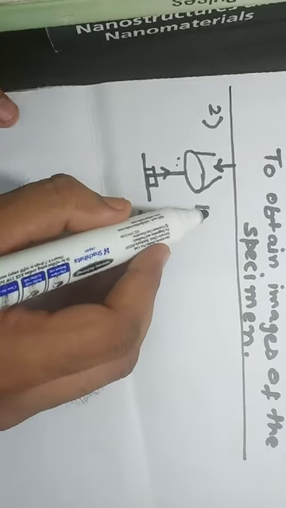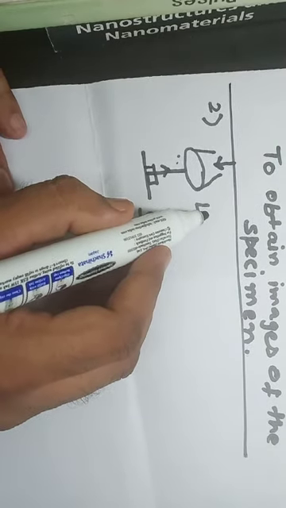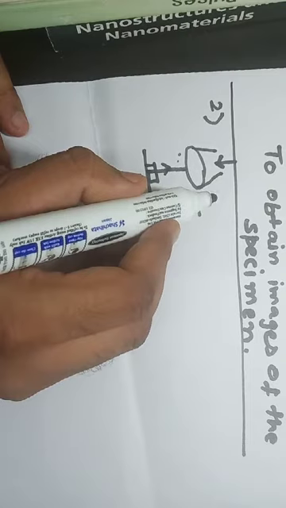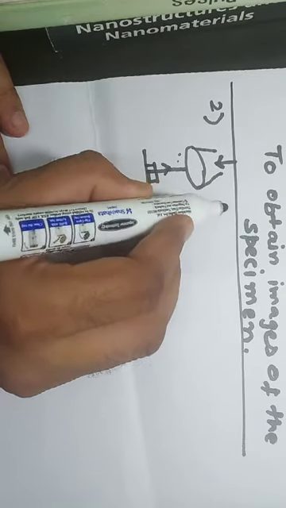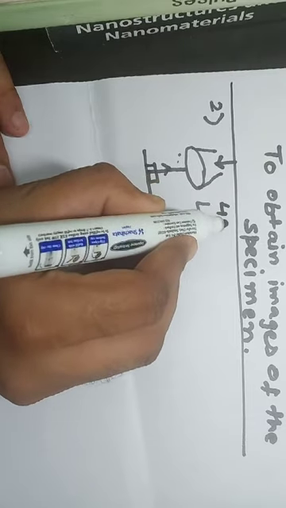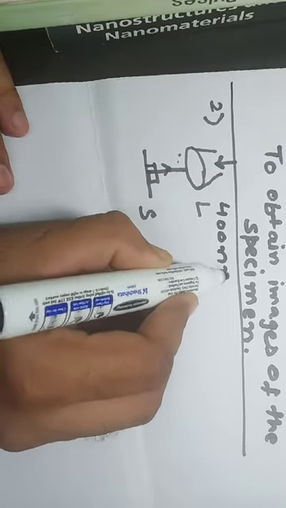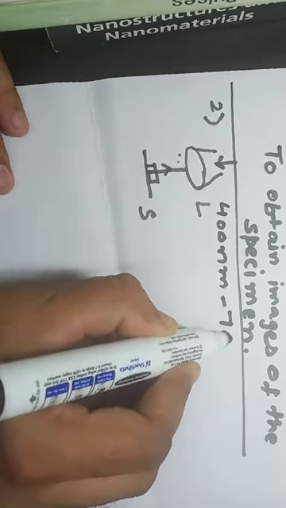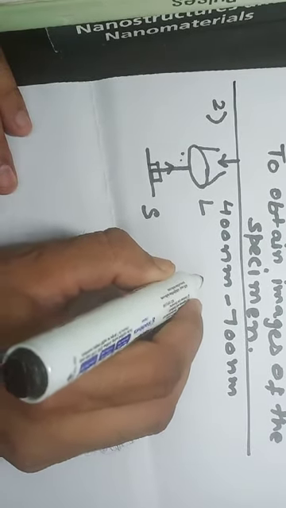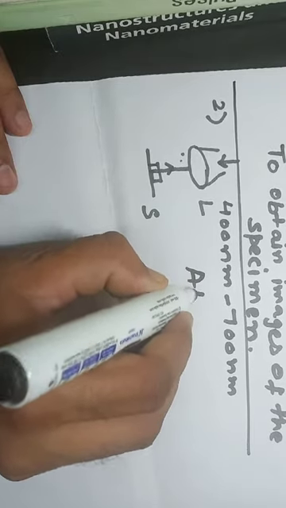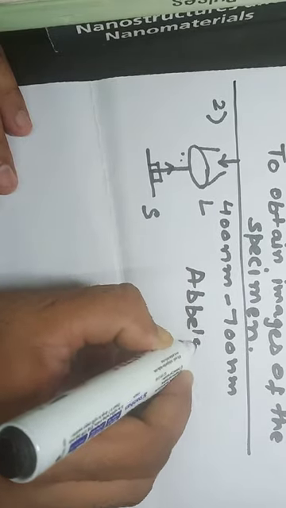So if you look at light, the electromagnetic radiations have a wavelength from 400 nanometer to 700 nanometer. And I would like to introduce here what Abbe's diffraction limit is.